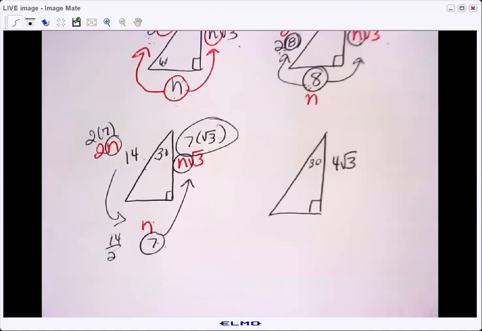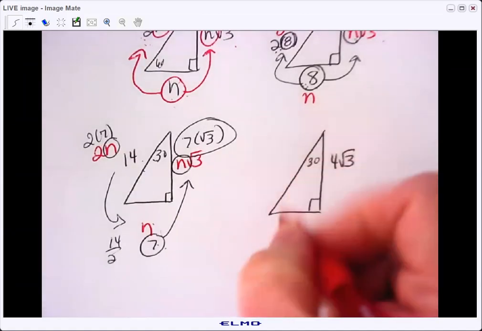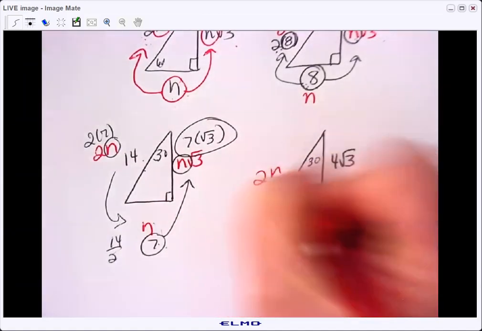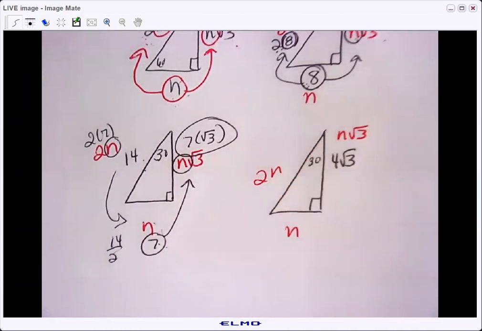Okay, so labeling, I have n, 2n, and n root 3. So in the chat box, tell me what n is. Tell me what n is. There's 24 of you guys. I need to see it.